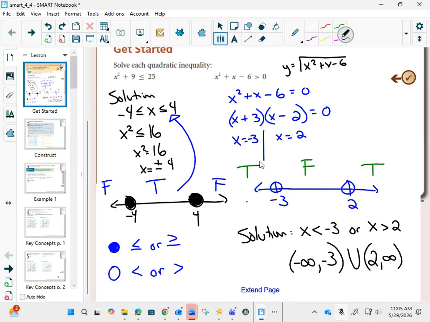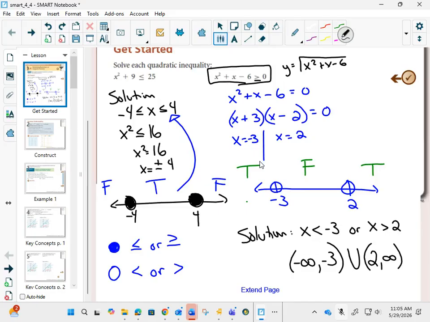The domain is where the x values work. Where do x values work inside of a square root? They work when the inside is greater than or equal to 0, because equals 0 would also be true. And then you would have to solve this inequality.